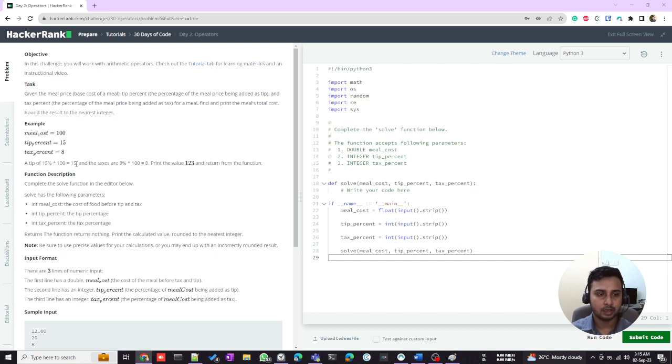Based on the meal cost, and using the percent of tip and the percent of tax, we need to calculate the final meal price and print the value. So here, let's go to the coding section.